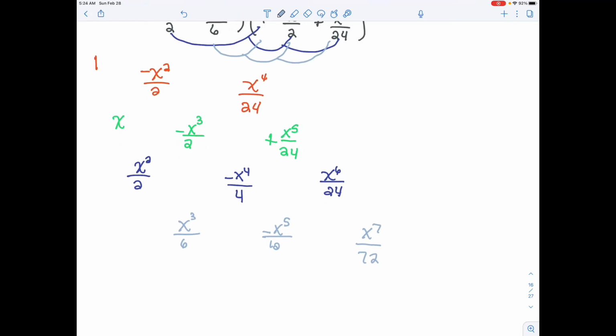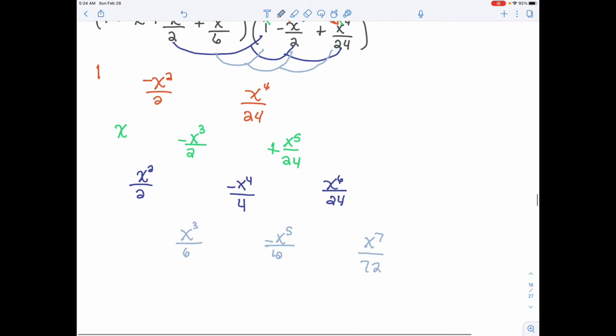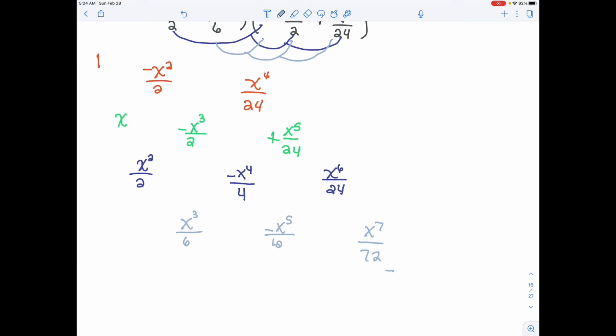It doesn't matter because I don't need it. Okay, now you have to think about this. If I added another term here, it would be x to the 4th over 4 factorial. If I multiplied this, I would get x to the 4th. So if I needed 4 terms, I would have to expand this. But since I only need 3 terms, I think I'm going to get what I need.